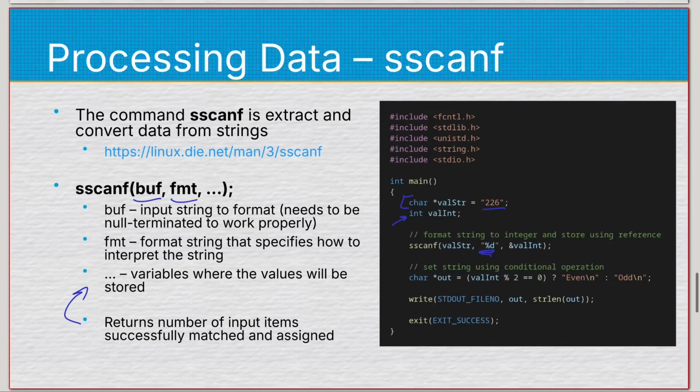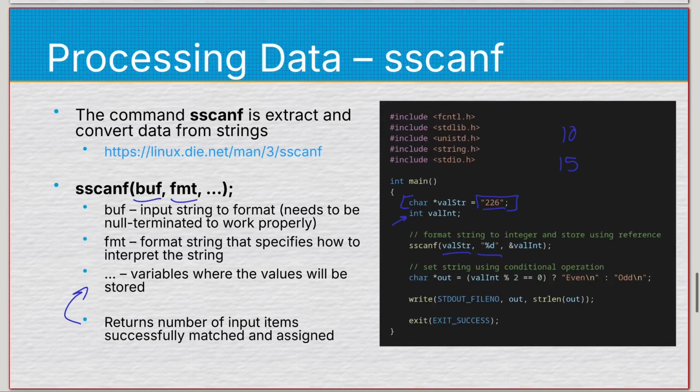So scanf here is going to use this input buffer of my string 226. My actual format string is just %d. That is going to be a decimal integer value, so anything like a 10 or a 15. It's not floating point.